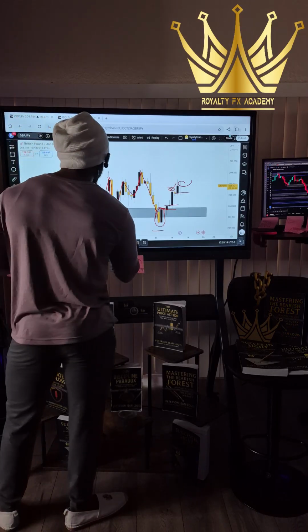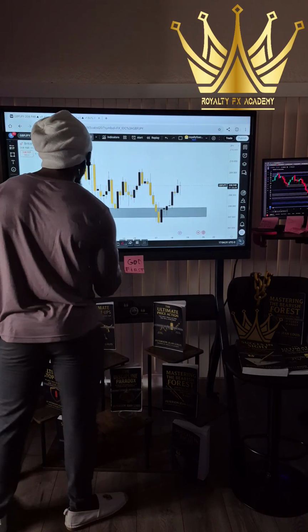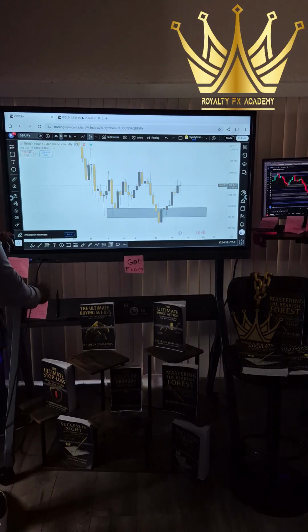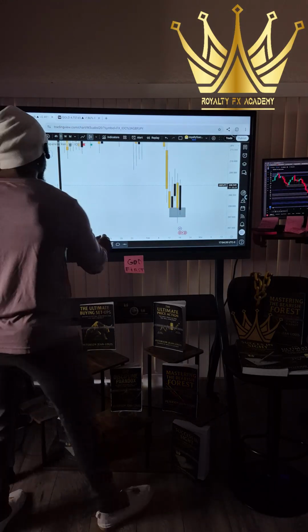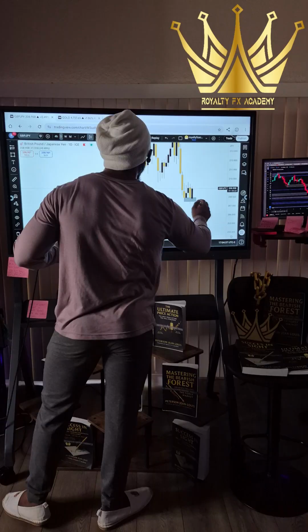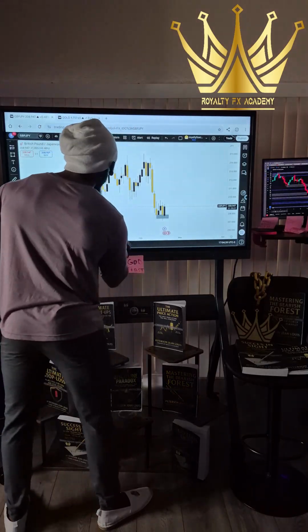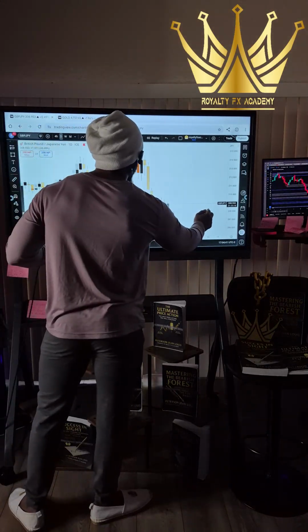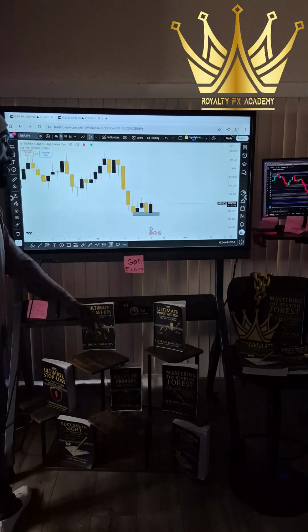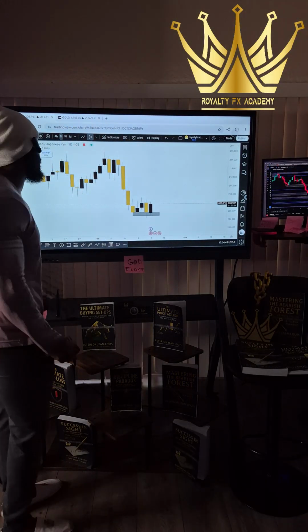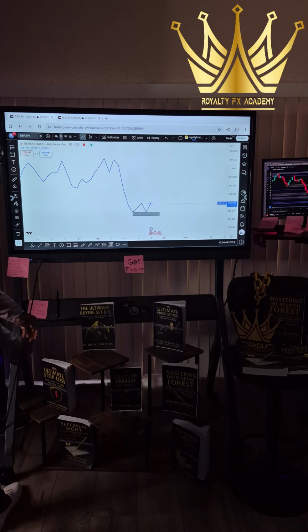Let me clean up real quick. So I'm gonna show you that it is a higher time frame setup. I don't know why it's preventing me from seeing the way I need to see it. Now it looks small, and it just looked like a little bit of a mosh pit or consolidation. Once I put the line chart on, you see that?